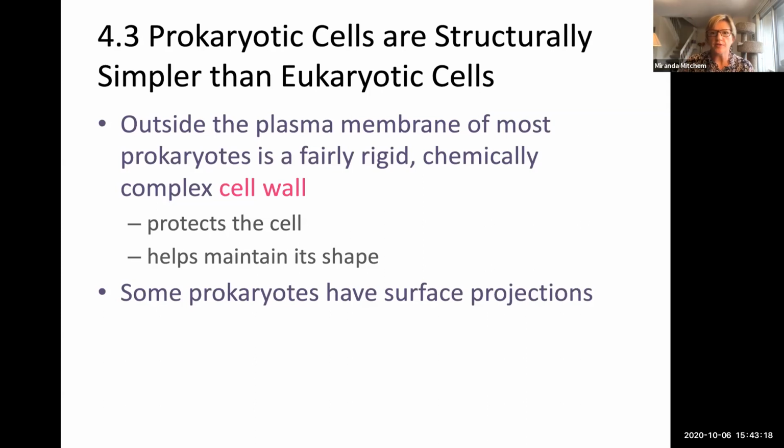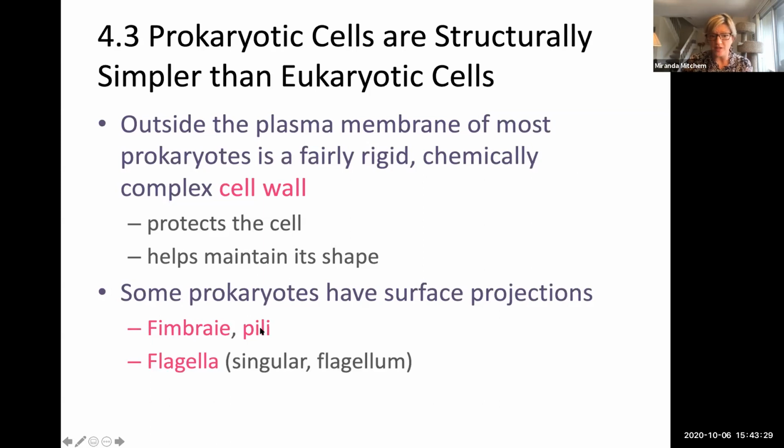Some prokaryotes have structures outside of their surface. So we see structures like fimbriae or pili, or even flagella. You're probably familiar with a flagella. We have one type of cell that very characteristically has a flagella on it, and that would be the sperm cell.